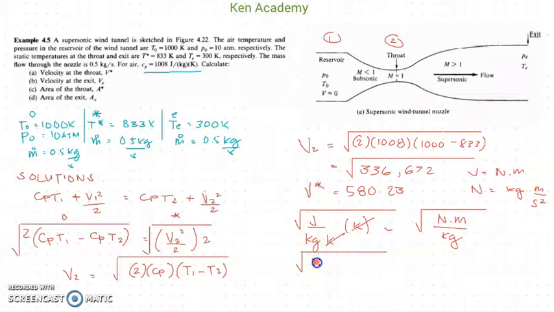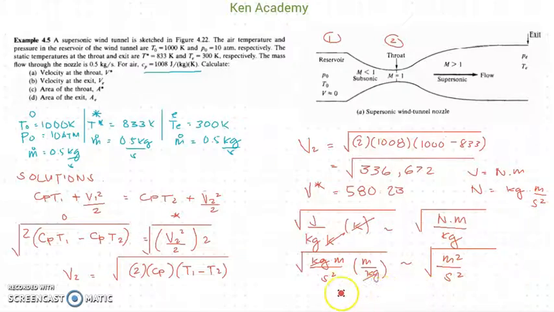Kilogram times meter per second squared multiplied by meter over kilogram. Cancel that one out. We get the square root of meter squared per second squared. And if we get the square root of that one, we get the appropriate unit, which is meters per second for velocity.